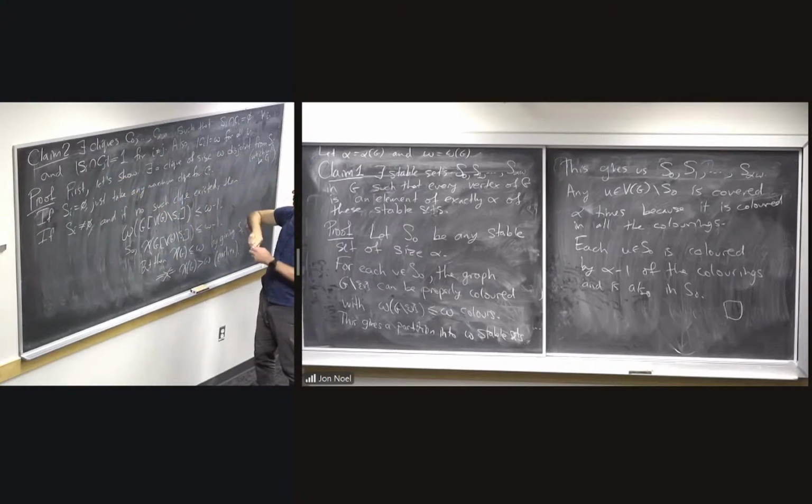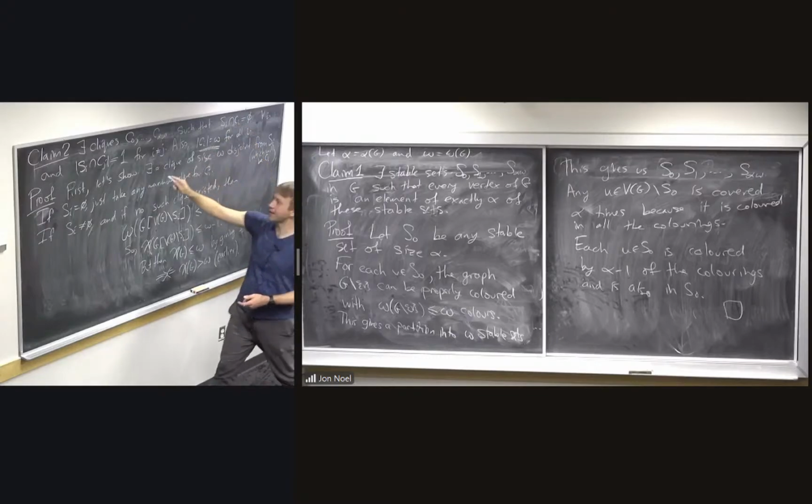Now let's prove that it must satisfy this property. We've got that it has size omega and is disjoint from S_I, so all we need is this part.